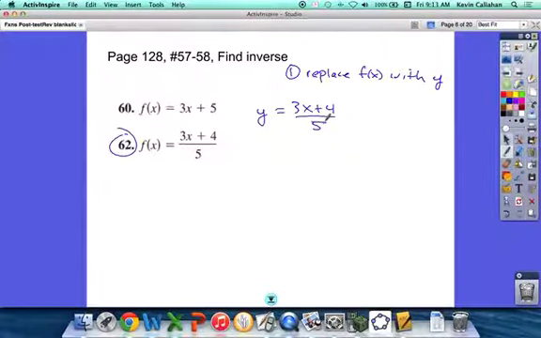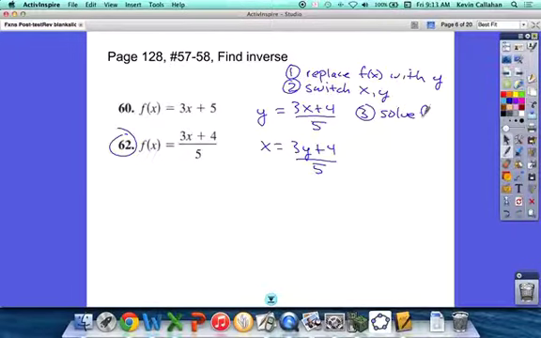Step 2, switch x and y. x equals 3y plus 4 over 5. Step 3, solve for y.